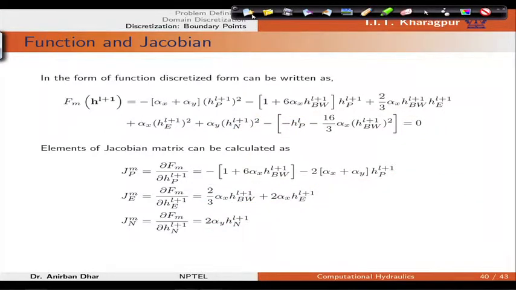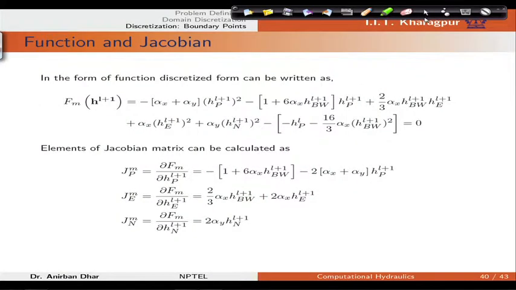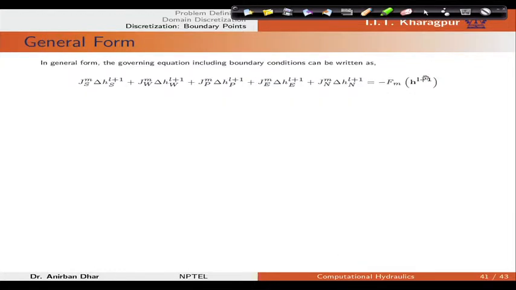So, we have defined all 4 corners or corner cells and all boundary cells here. Now, we need to see how we can solve this problem. In general form, the governing equation including the boundary conditions we can write like this.